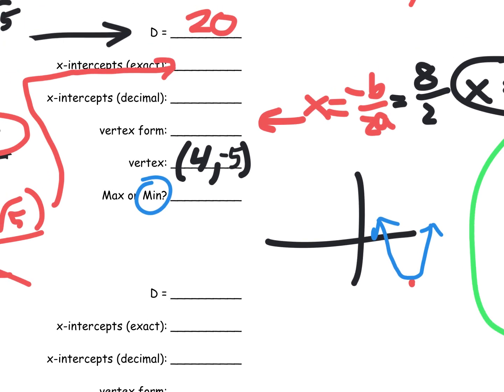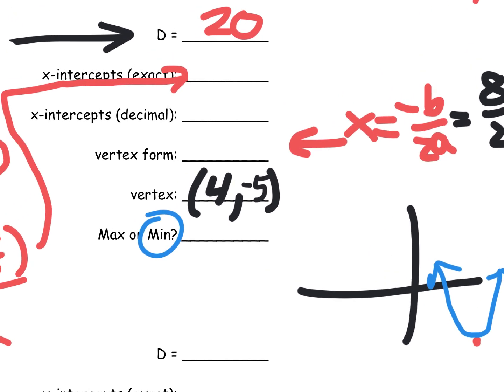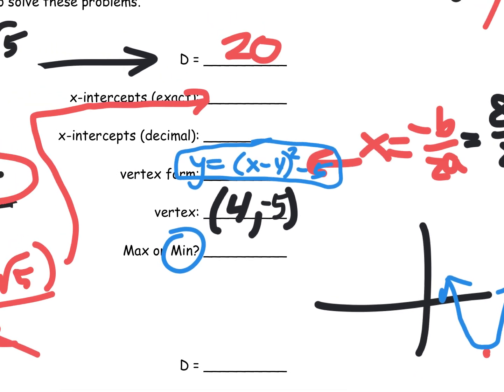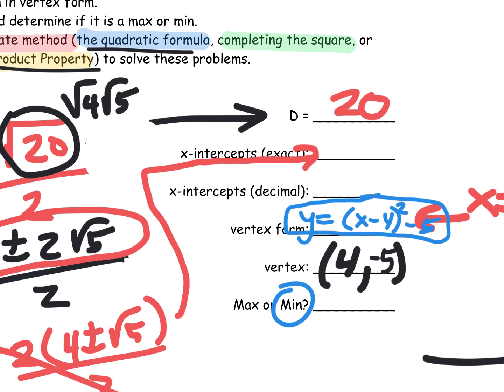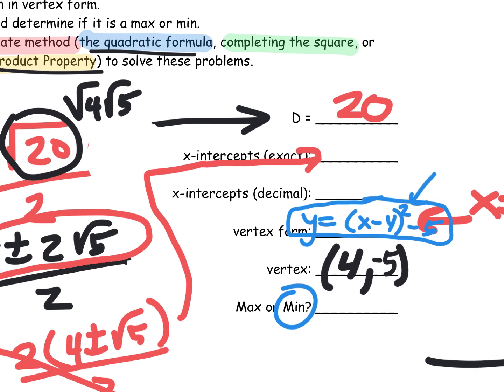Vertex form. Once I know the vertex, it's easy. y equals parentheses x minus 4 squared minus 5. And then who knows what dumb mistake I have to look for right here. It's really easy to forget something as you write your vertex form. Yes? The square. Yes, people forget the squared all the time. You're right.